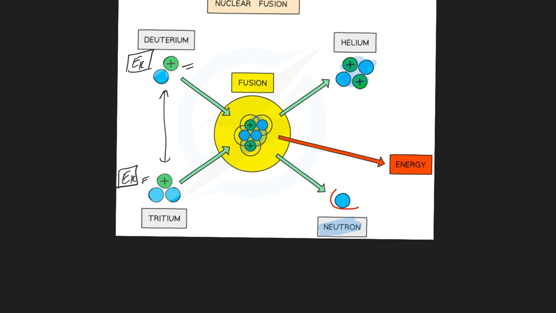So in this case the binding energy per nucleon of the isotopes of hydrogen is less, and here it is more, high binding energy per nucleon. So in this way helium will be more stable as compared to isotopes of hydrogen.